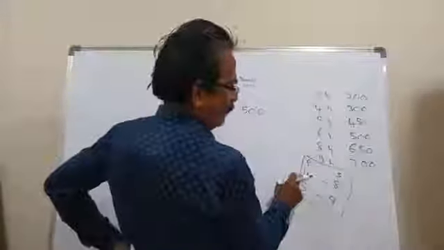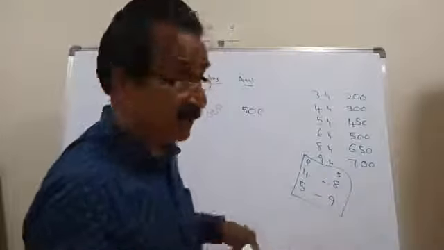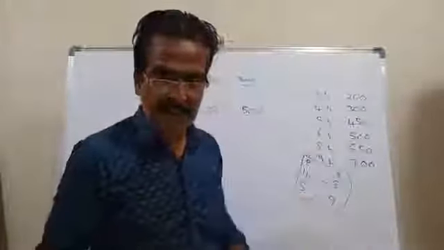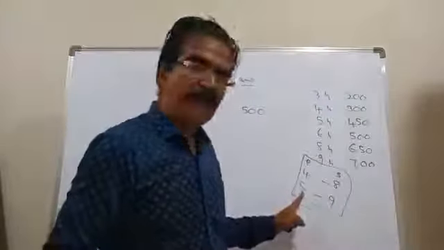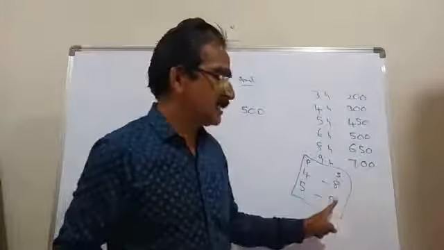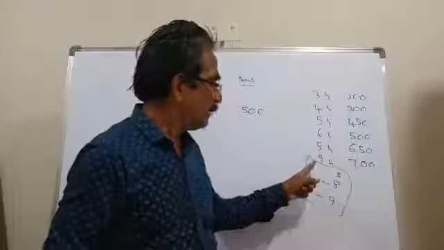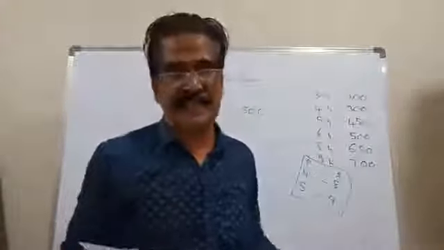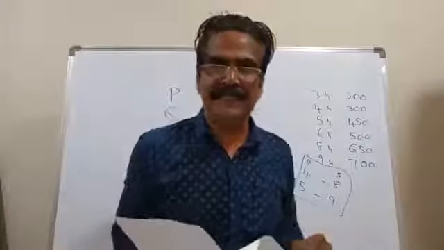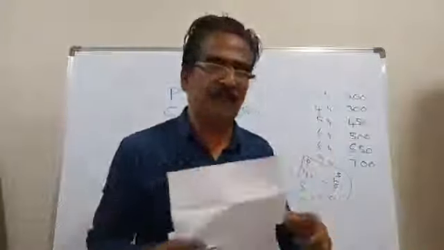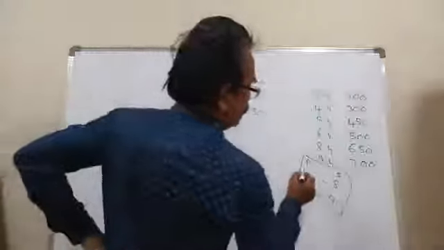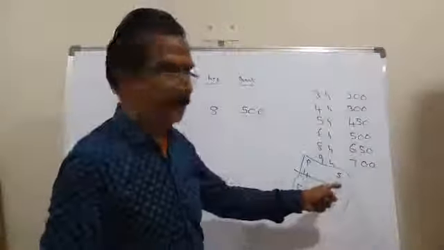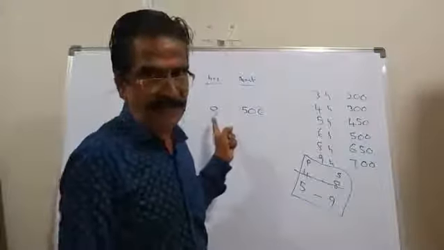If P works 4 hours, S works 8 hours, or P 8 hours, S 4 hours. If P works 5 hours, S works 9 hours, or if P works 9 hours, S works 5 hours. But the 4 and 8 choice is eliminated, because Q is already working 8 hours.